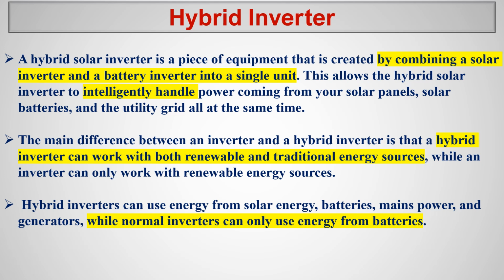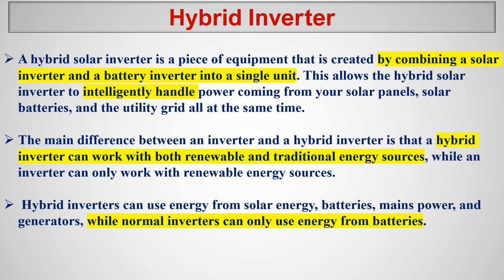So that's a solar inverter. The battery inverter means whatever DC current we pull from the battery is converted into AC. So both inverters do the same job, converting DC current into AC, but we call them the battery inverter and the solar inverter because of the functionality.